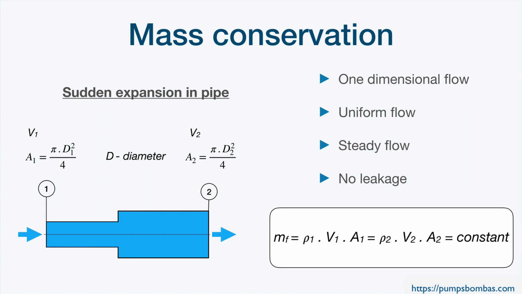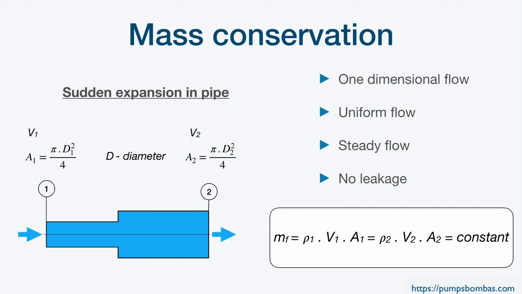This is the case, for example, of gases. We are talking of, for example, compressed air with a relatively low value of Mach number, or we can be talking about sonic flow with Mach equal to 1 or supersonic flow. In any case, when compressibility effects are present, we should use this equation, considering density.